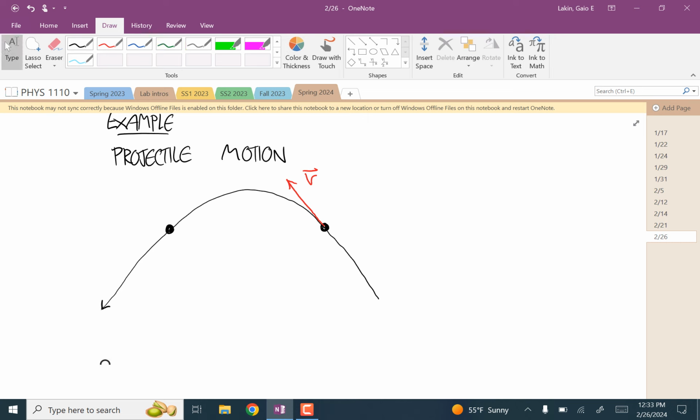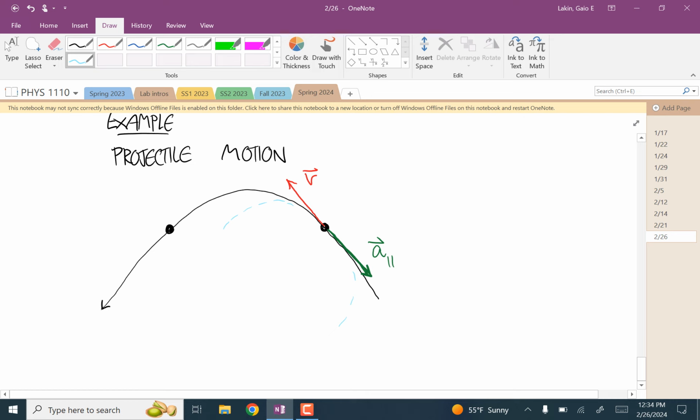And so we're going to have a parallel part of the acceleration that's opposite the velocity. And then if you fit a circle to the object at this point, based on the way the curve is, the circle would lie over on this side.